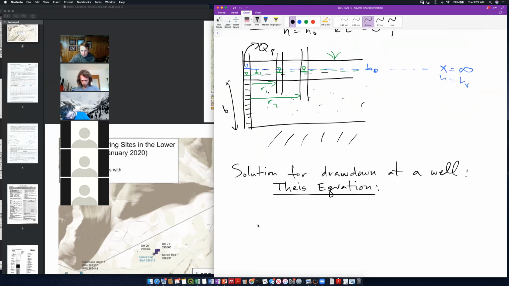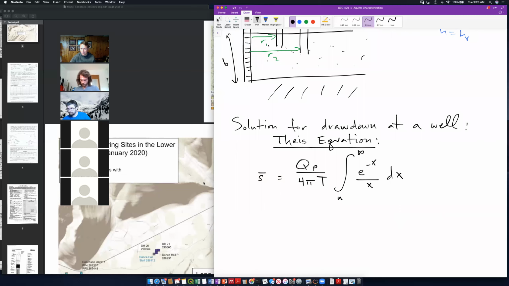And it looks like this. s, the drawdown, is equal to the pumping rate Qp over 4 pi T times the integral from u to infinity of e to the minus x over x dx.